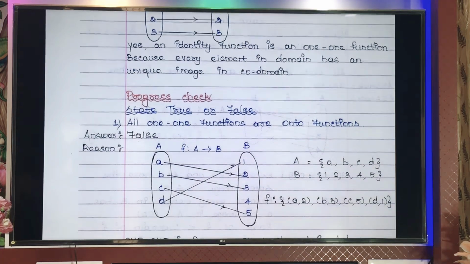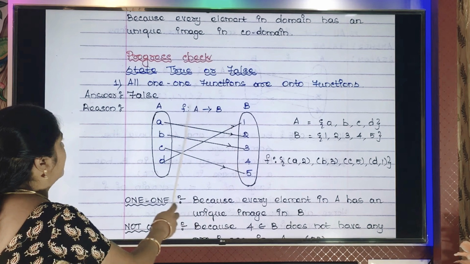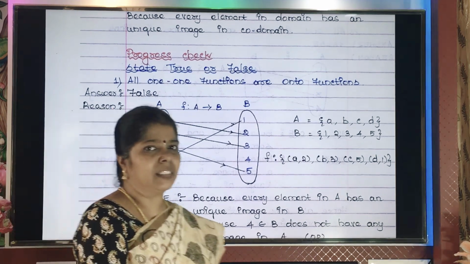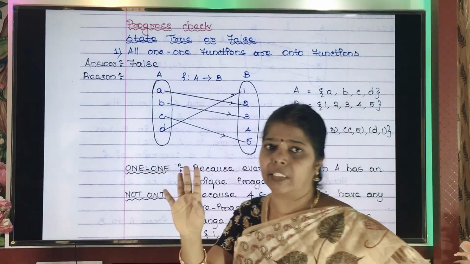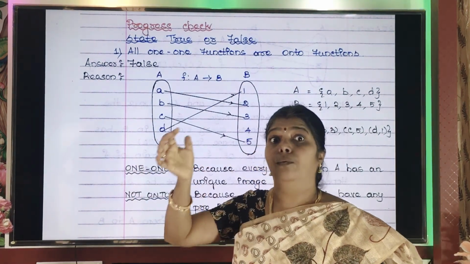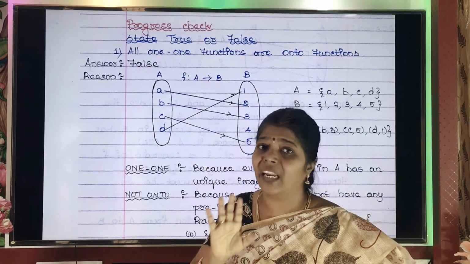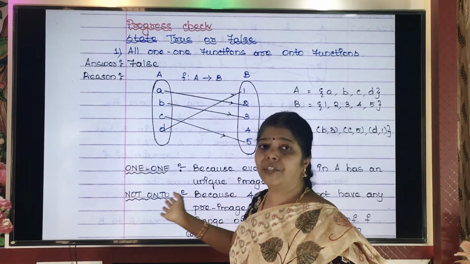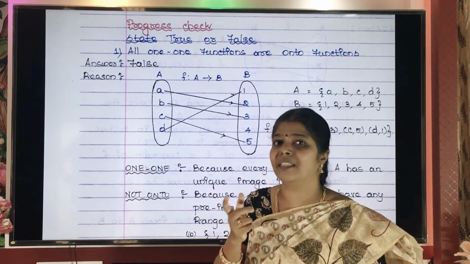Now let us go to this progress check. See children, this is state true or false. The answer is very simple. Looking into the question, you have to tell whether this is true or false. That's all. But to understand whether the given statement is true or false is very important. Why I have taken this for explanation is that this will give you a good insight into the concepts that you have learnt.